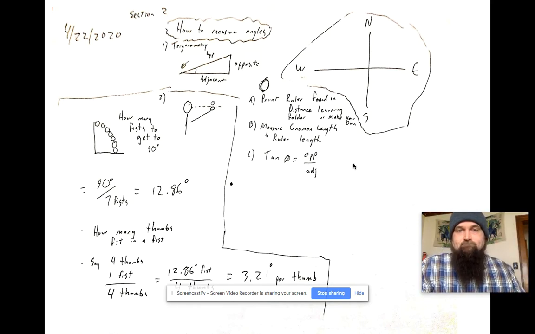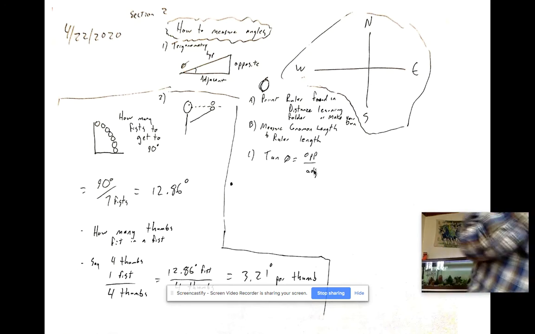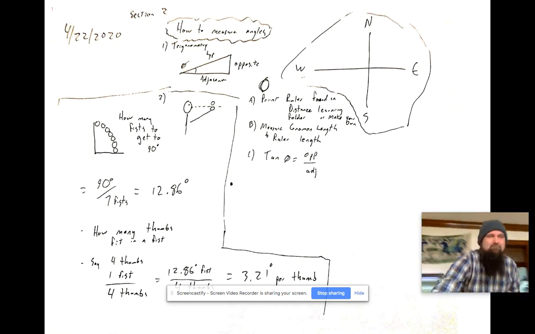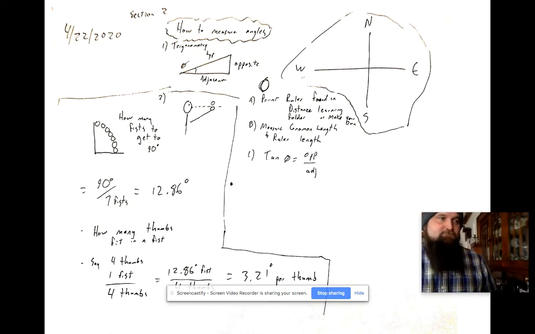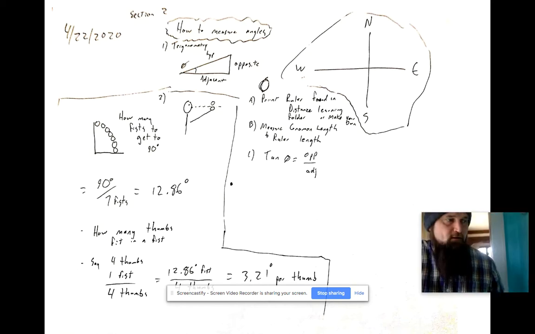And then you just take the gnomon length and divide it by the adjacent, and that's going to give you the... you got to do tangent minus 1 on your calculator, which can be kind of tricky. So maybe I should show you that once I find my phone. Oh, there it goes.